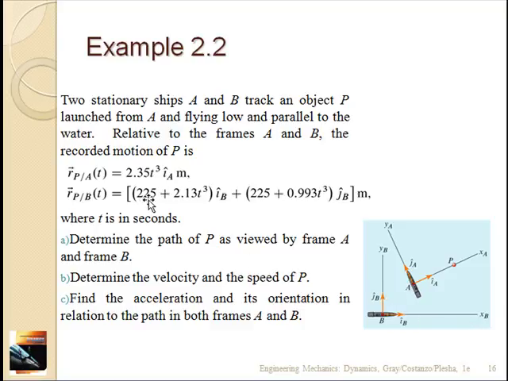The coordinates in the B system are given here: 225 plus 2.13 t cubed times the unit vector in the xb direction, and 225 plus 0.993 t cubed times the unit vector in the yb direction. Okay, t is in seconds, and the result gives you position in meters. The three questions we're trying to answer are the path of P as viewed by frame A or frame B, the velocity and the speed, and then the acceleration and its orientation in each of the frames.